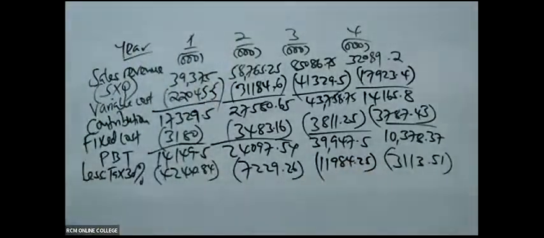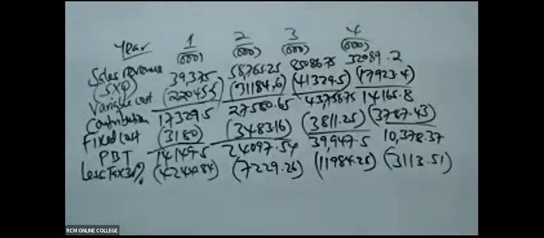Evelyn, are we using the fixed cost per unit or multiplying by sales? What are you asking, Evelyn? To get what? Fixed cost.